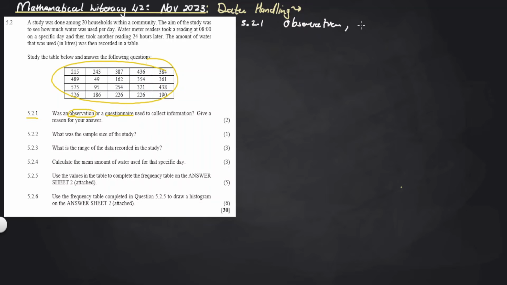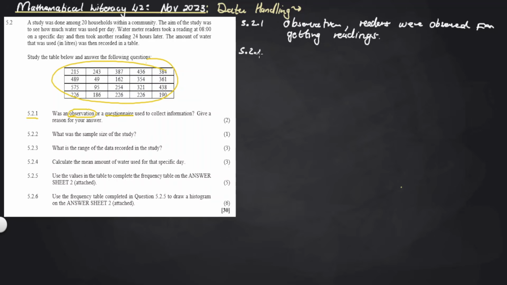Readers were observed for getting readings, right? For getting readings. That's it. Okay, we also have to provide a reason as to why.